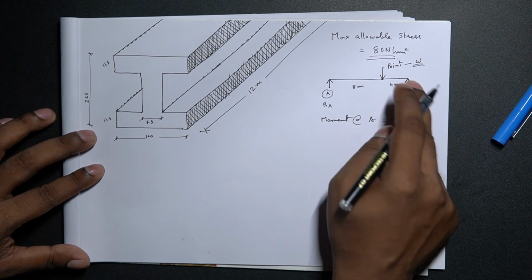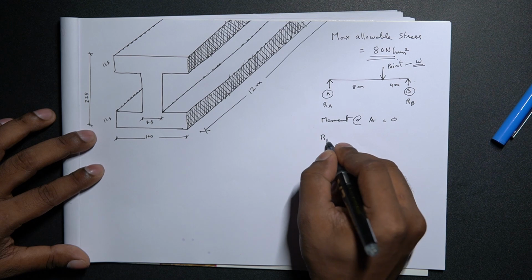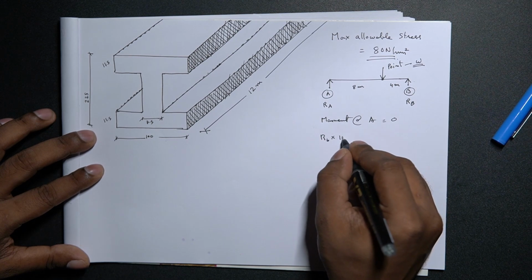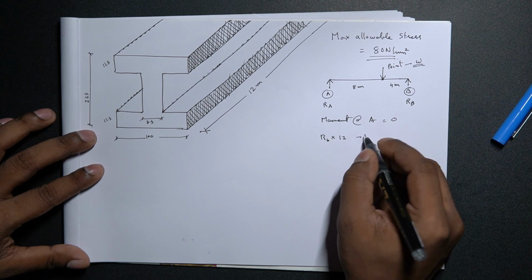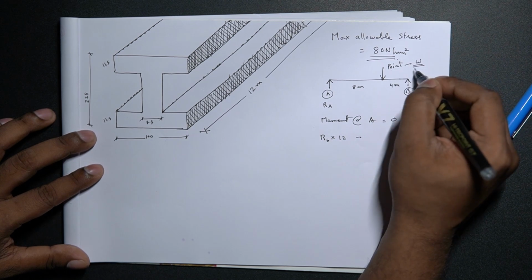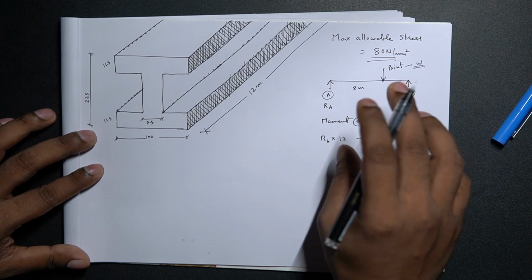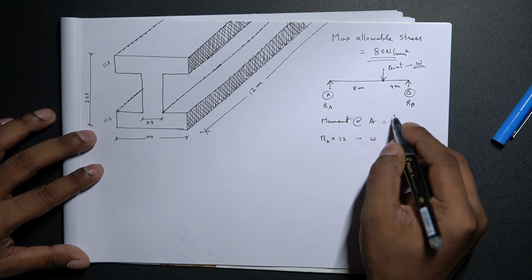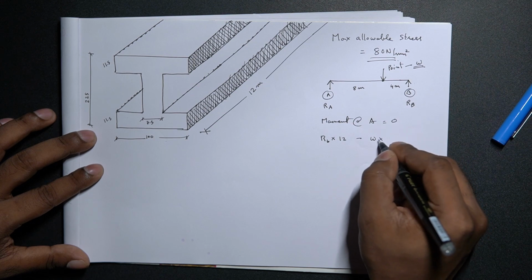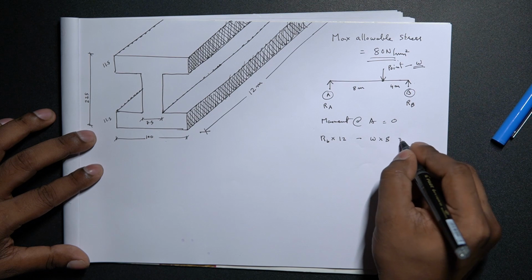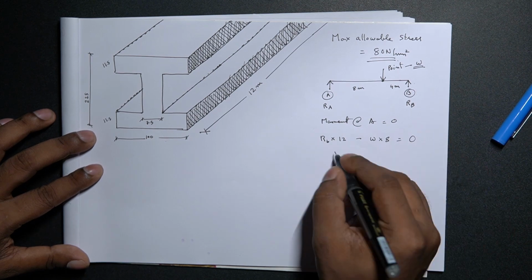So RB times the total lever arm, RB into 8 plus 4, that is 12, minus the load W, the unknown, acting vertically downwards and causing a hogging action, so it is negative, times 8. Now the total moment would be equated to 0.